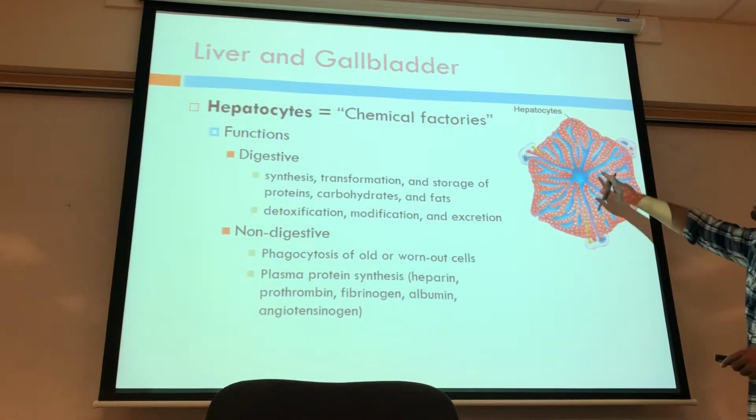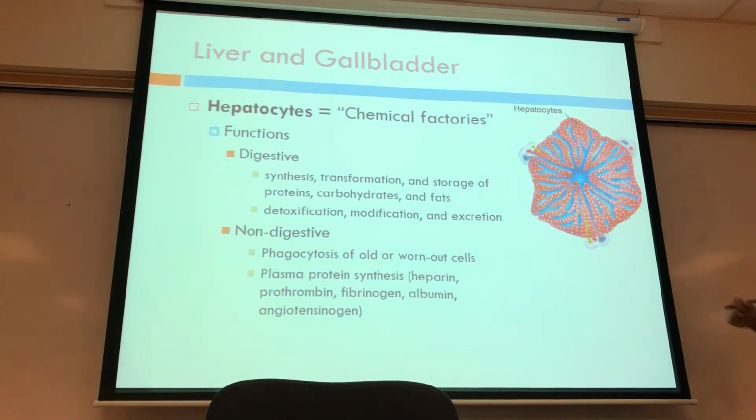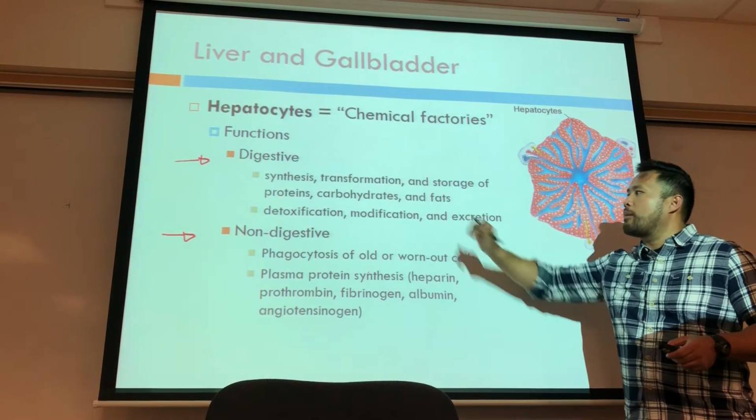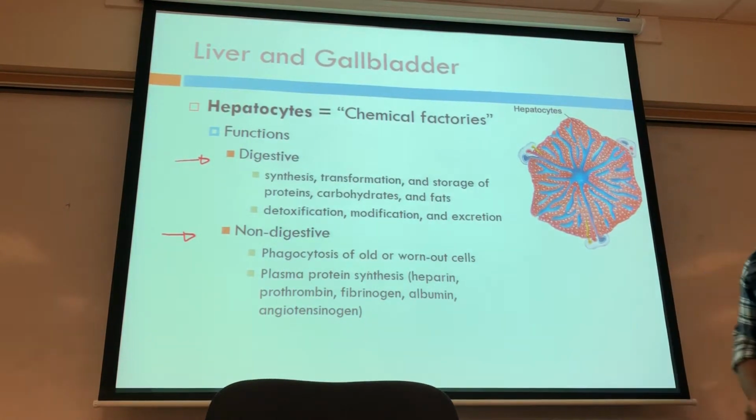All right, so let's talk about the hepatocytes. Each of these individual cells, these red dots right here, what purposes do they have in terms of filtration? We have two functions we need to talk about: digestive and non-digestive. The digestive purpose is for the synthesis, transformation, and storage of protein, carbohydrates, and fats. Again, blood is coming in from the portal vein from the small intestine.